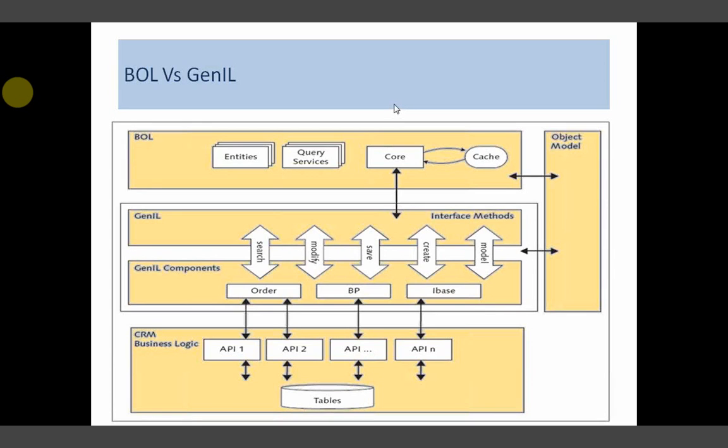So here again the GENIL bool browser will request core to get the search data, and this core object will interact with the interfaces of the GENIL layer.